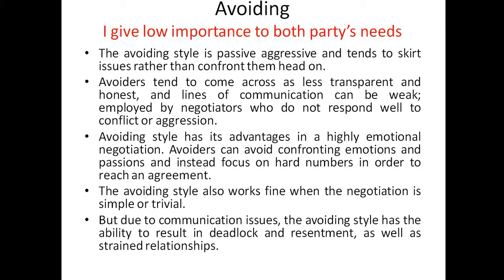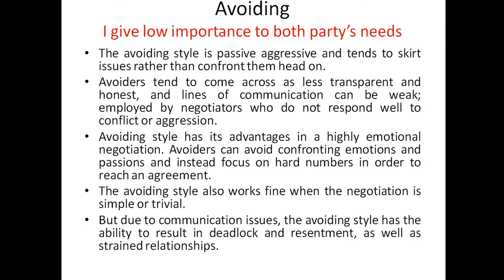Avoiding style has its advantages in a highly emotional negotiation. Avoiders can avoid confronting emotions and passions, so that we will ignore emotions and passions, but focus on hard numbers, that is factual information, in order to reach an agreement.